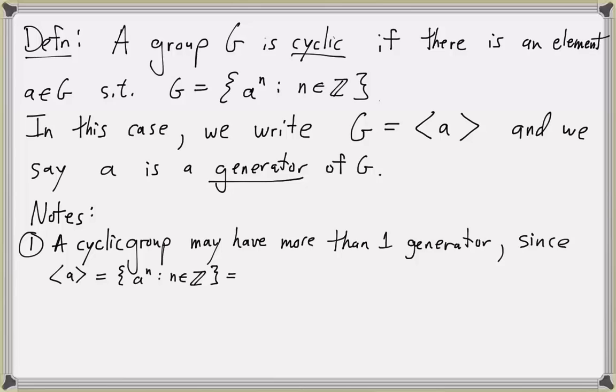And we see this because as n varies over all integers, the powers of A inverse also range over all integers. So these sets are the same, and we see that if A is a generator, then A inverse is also a generator of this cyclic group.